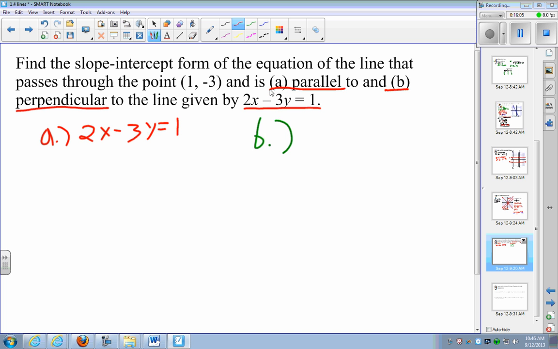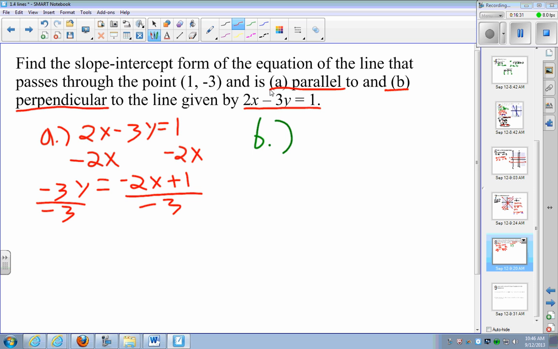Now, if you remember from the last slide, every line that I was working with was in slope-intercept form. So here, we should do the same and get y by itself. So we subtract 2x, subtract 2x. Okay, now we just divide negative 3 by negative 3.